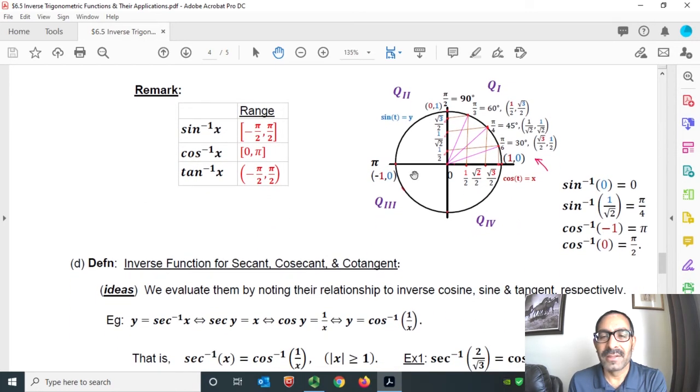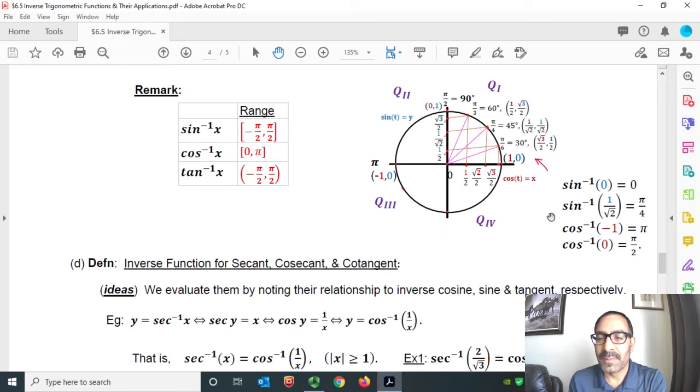So again here, on this unit circle, the sine inverse range is minus pi half to pi half. That means from here, fourth quadrant to first quadrant. The range of cosine inverse x is 0 to pi, meaning first quadrant and second quadrant. And the inverse tangent function's range is minus pi half to pi half, but excluding those endpoints. So still I'm in the fourth quadrant and first quadrant, excluding negative pi half and pi half.